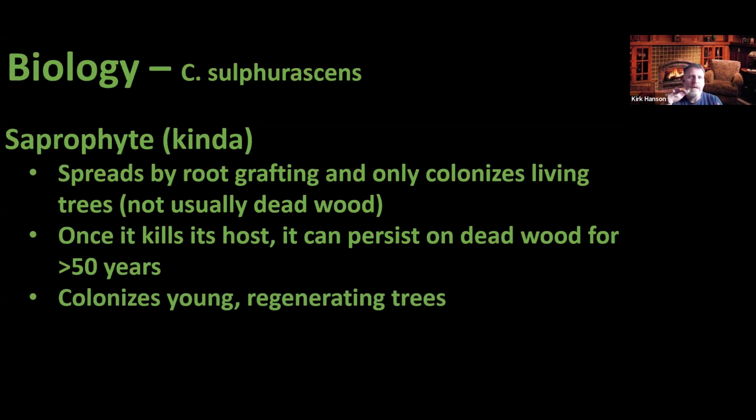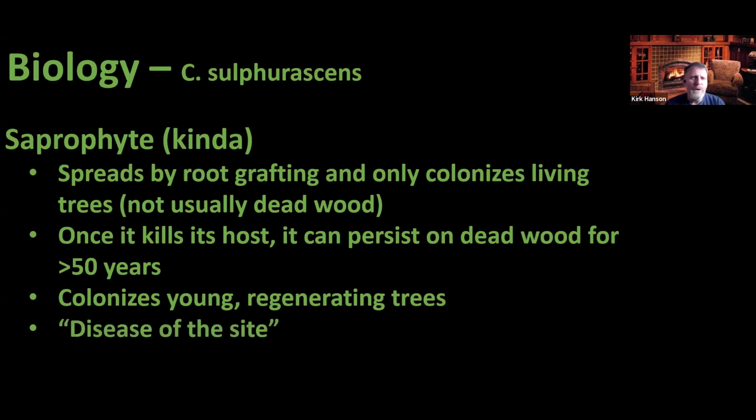Those young seedlings, again, when their roots come in contact with either the dead wood, the stump of a former tree, or the decaying matter of a former tree, or an infected live tree, those young seedlings can also become infected.